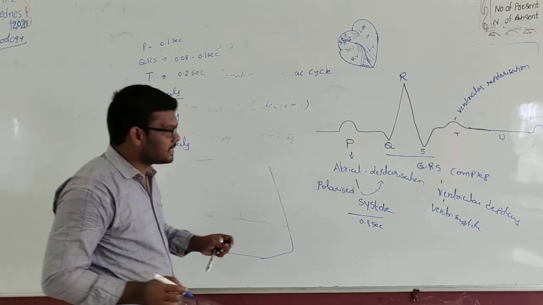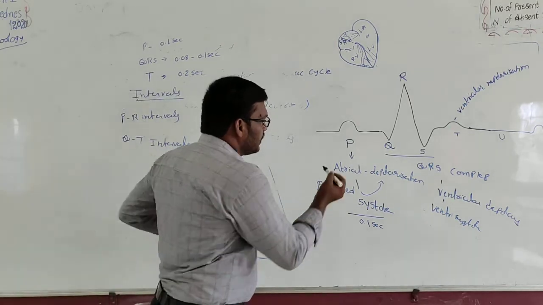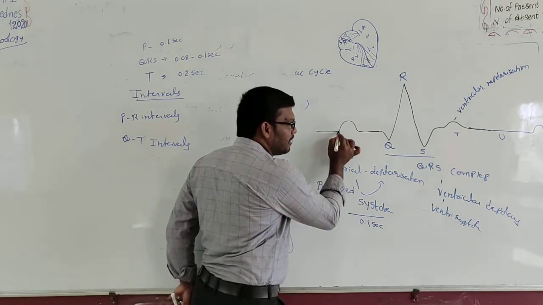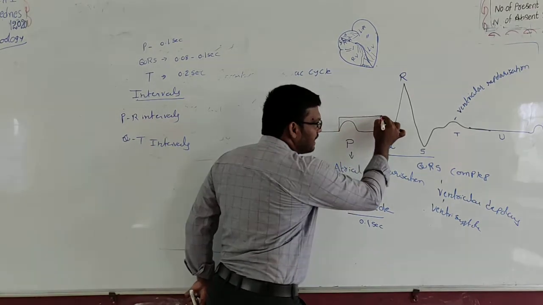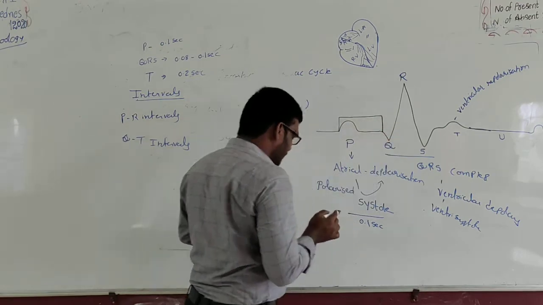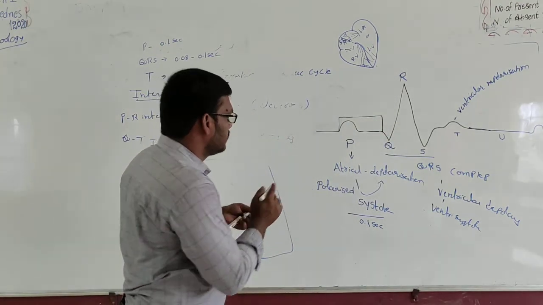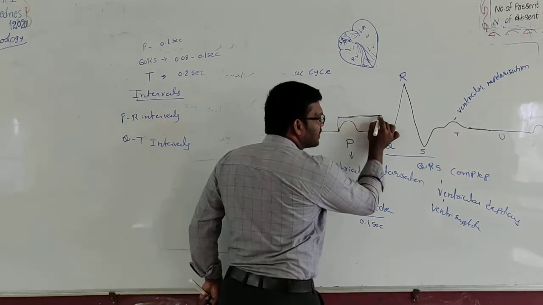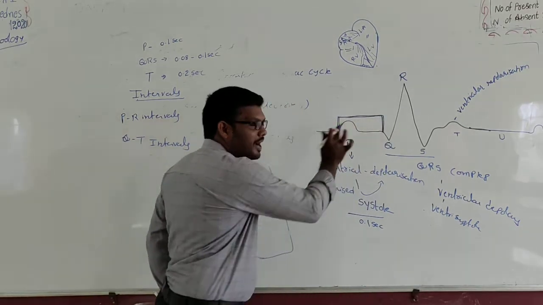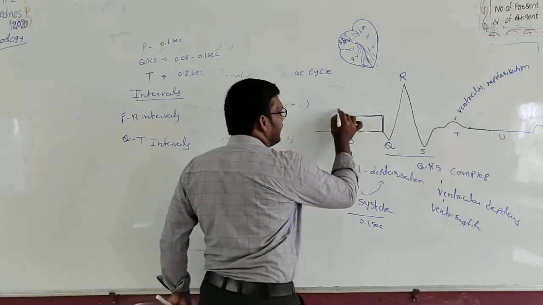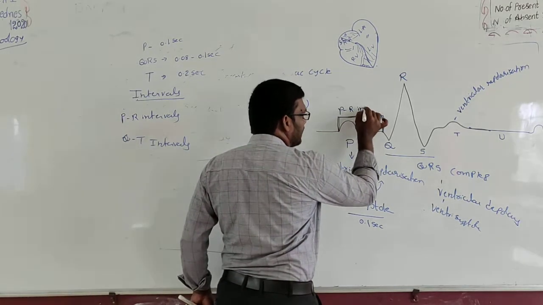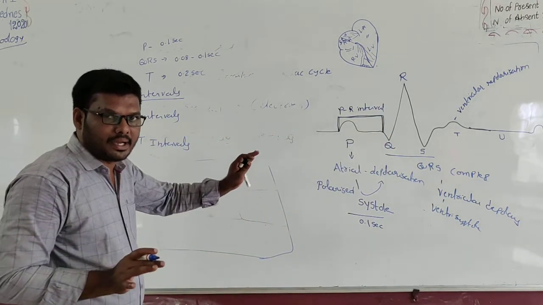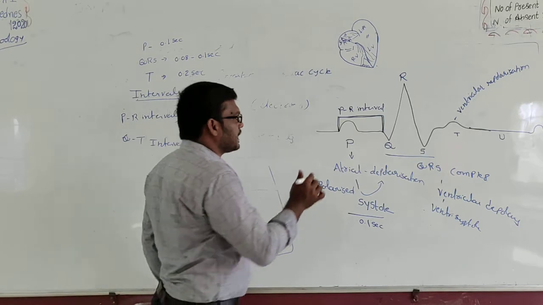PR interval means the onset of P, the starting of P, and the starting of Q. See, the starting of P and the starting of Q, this point is called the PR interval.